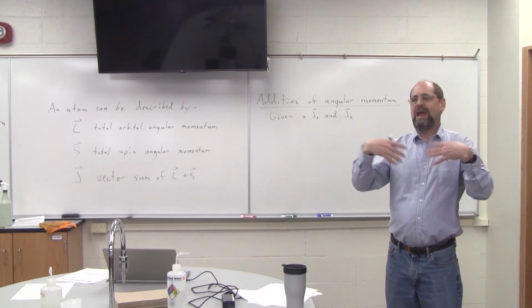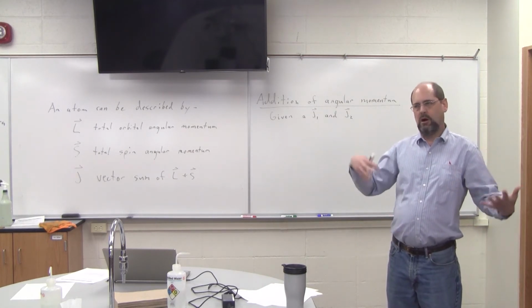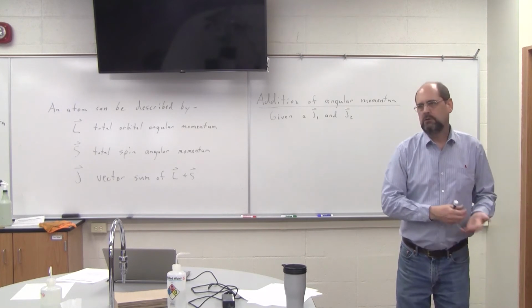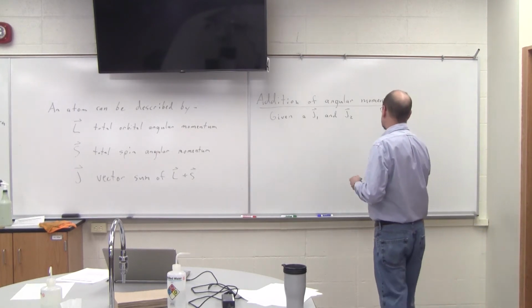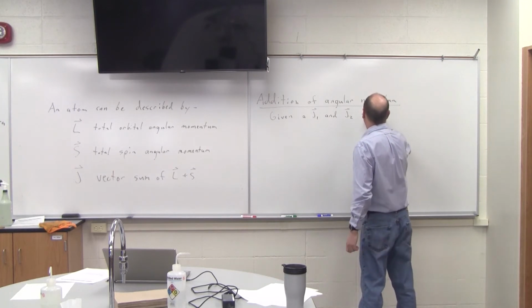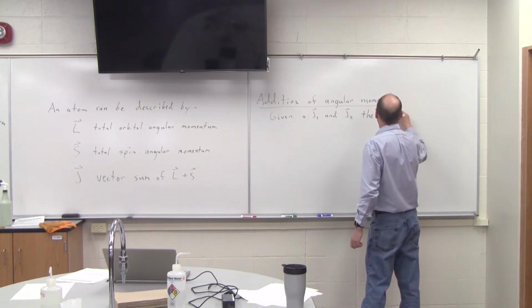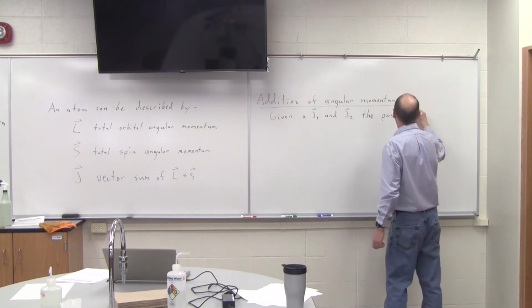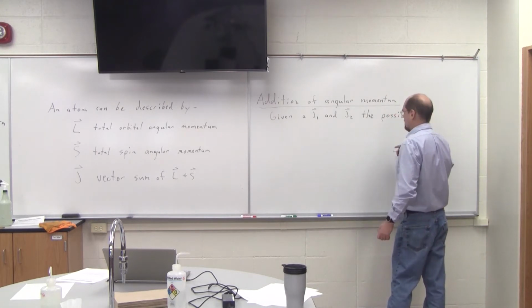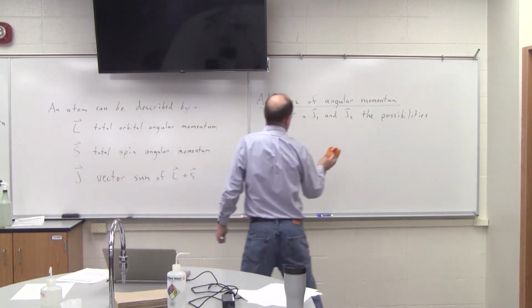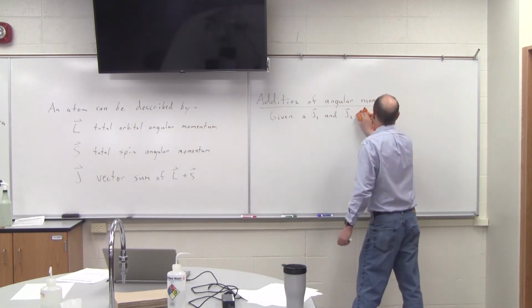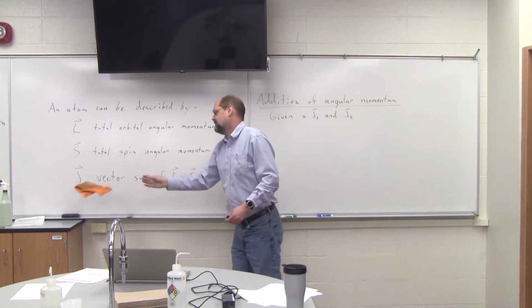So given any angular momentum, be it spin, orbit, nuclear, what have you, the possibilities, and I'm going to say, so there's J1 and J2, and with quantum numbers, J1 and J2.